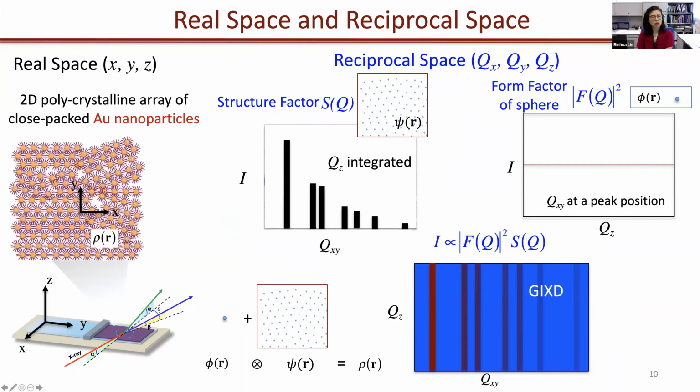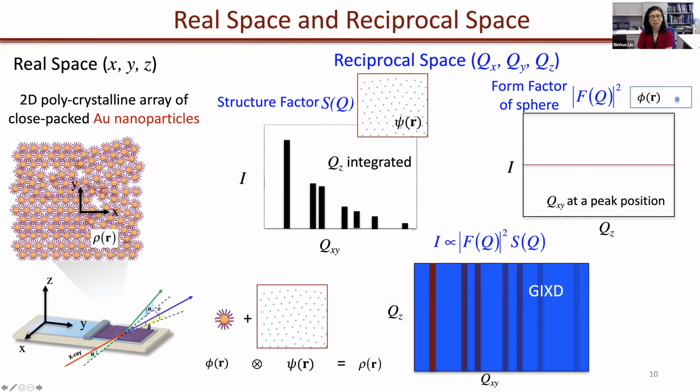Now we get to a real particle sample. It's a 2D polycrystalline array of close-packed gold nanoparticles. In real space, phi is now the core of one of the gold nanoparticles. It's a sphere. But psi is the same, still polycrystalline.